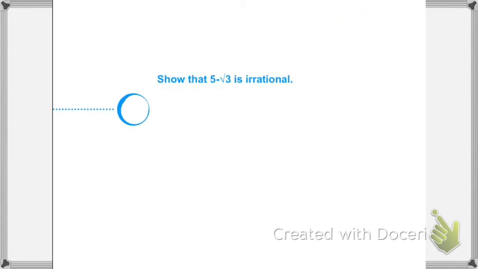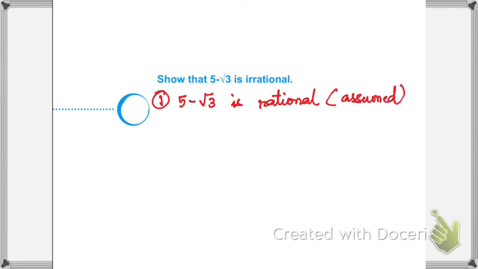Now again, you have to show that 5 minus root 3 is irrational. So the same way that we were proving, we will move in the same way. We will assume this 5 minus root 3 to be rational.